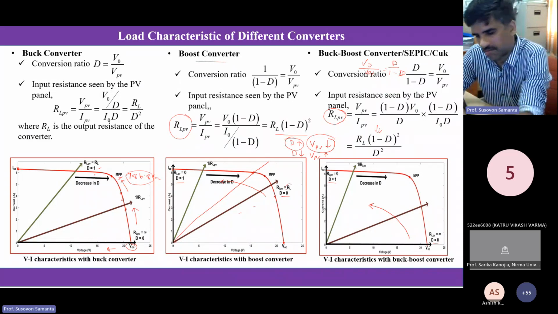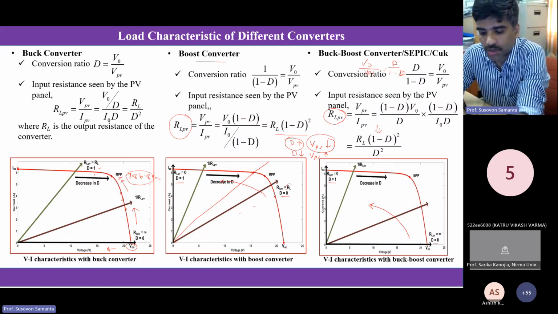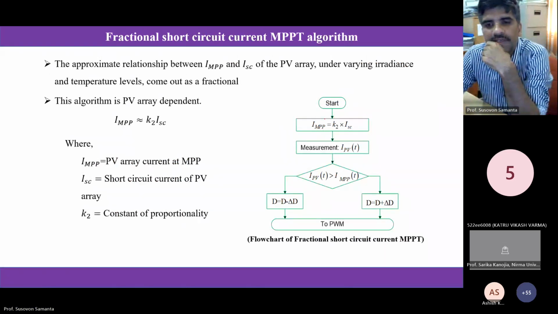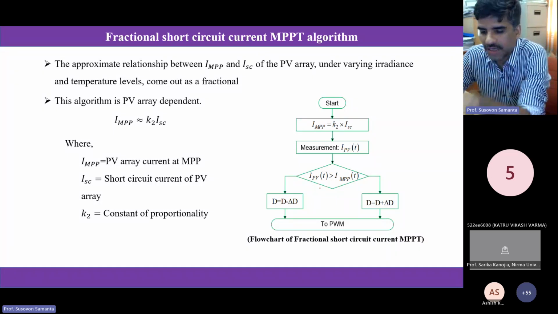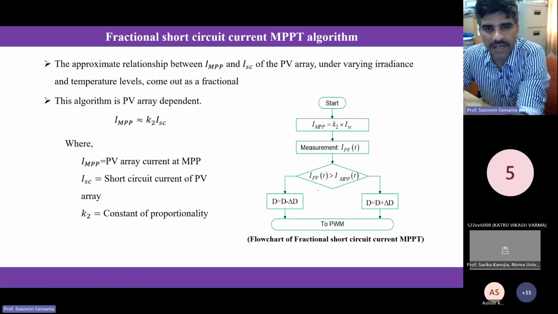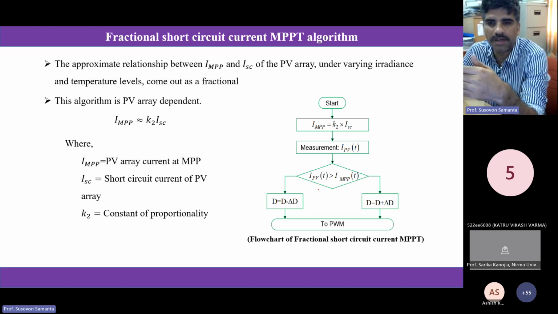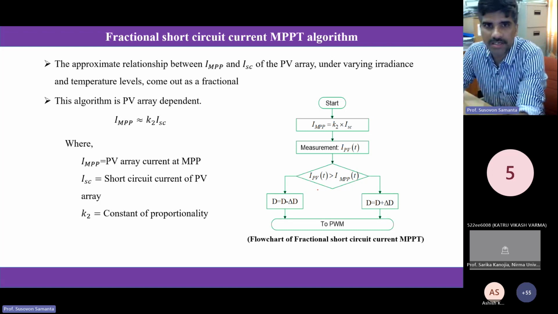So you can check that, and you can use some proportionality constant here also. Then accordingly you can find out the MPP. But as I said, when there is a change in the irradiation, or a change in the temperature, or during aging also, it will not give you proper results.